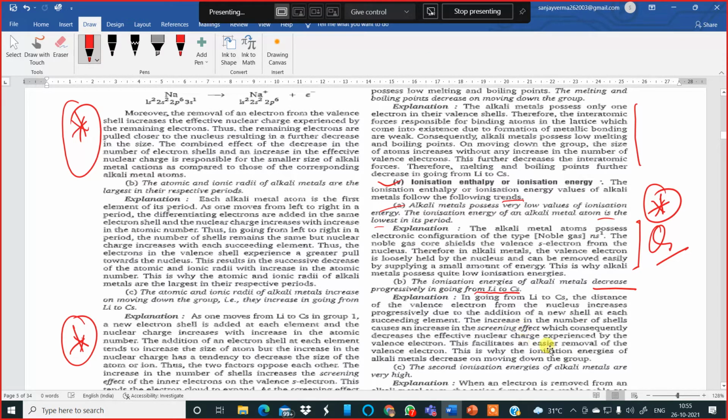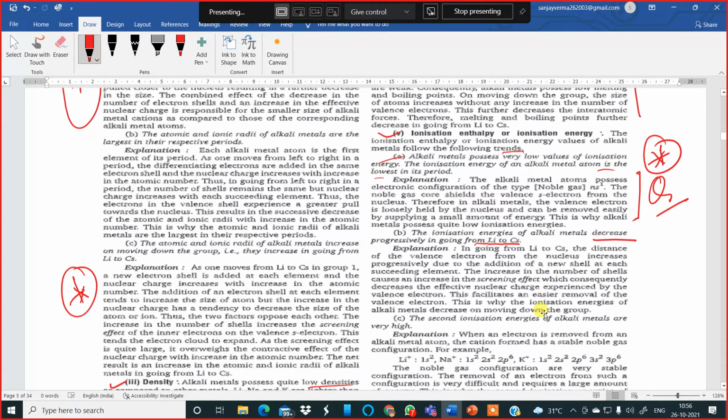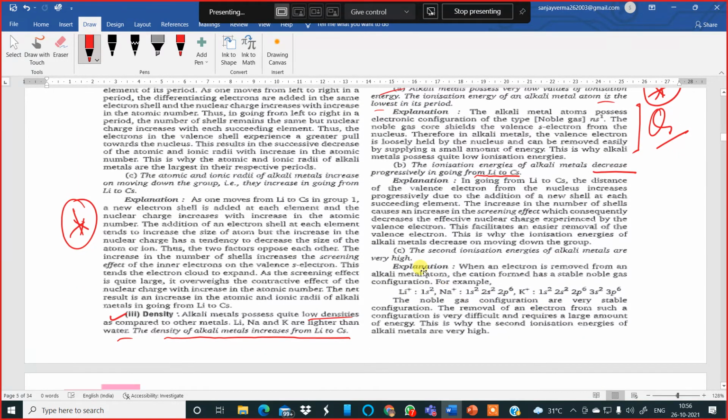The screening effect is because of the inner orbitals, which consequently decrease the effective nuclear charge experienced by the valence electron. This facilitates an easier removal of the valence electron. This is why the ionization energies of alkali metals decrease on moving down the group. That means if you move from top to bottom, it is much easier to remove an electron with lesser energy.